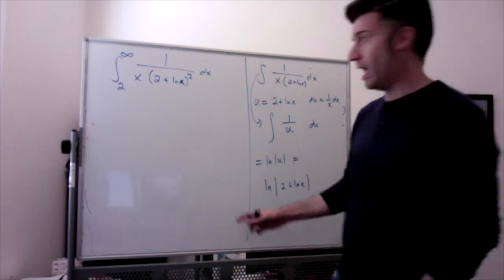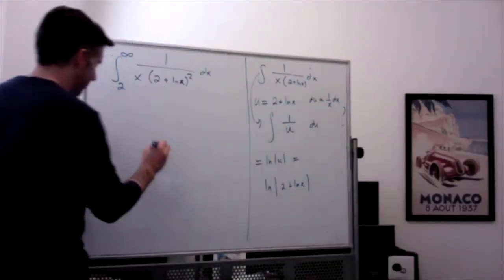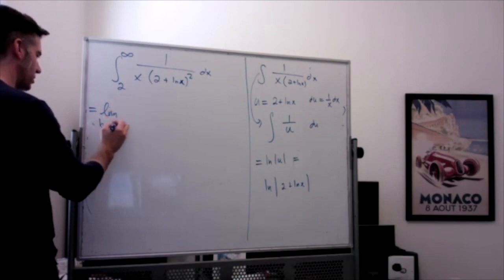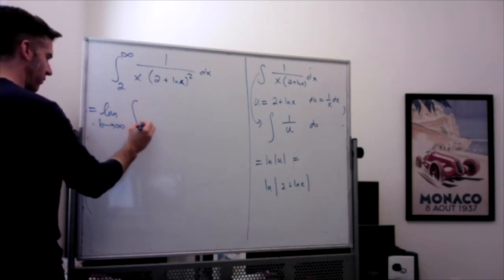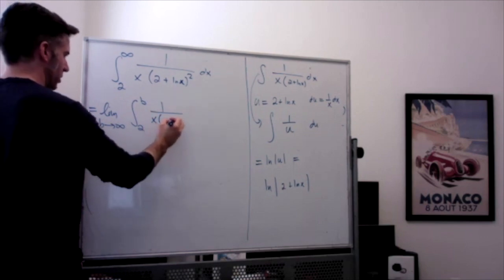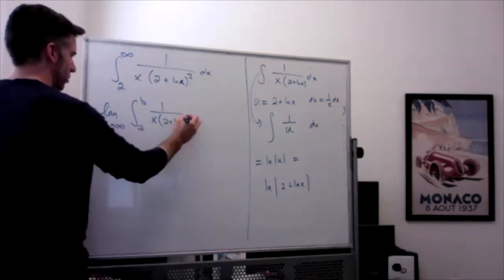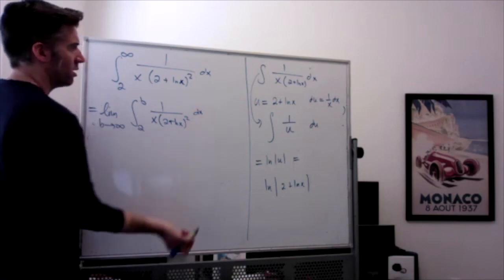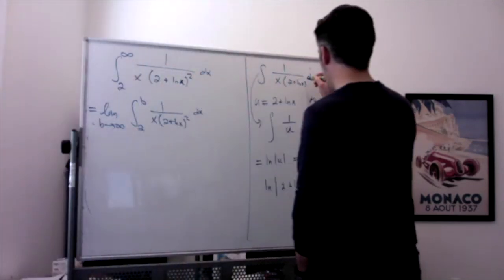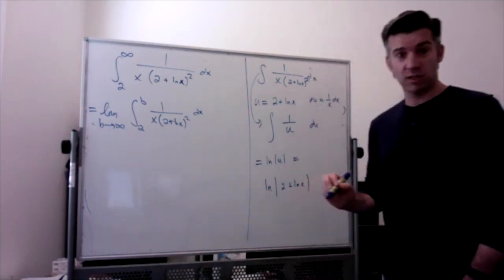Great. Now I can go over here and do the improper stuff. So that's going to be the limit as b goes to infinity of the integral from 2 to b of 1 over x times 2 plus the natural log of x, squared. Oh, you know what? I made a mistake. I forgot the square here. That's going to change things quite a bit.